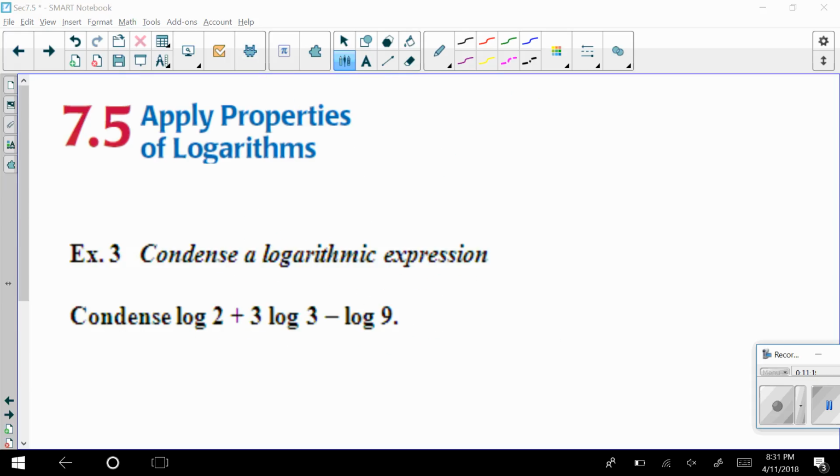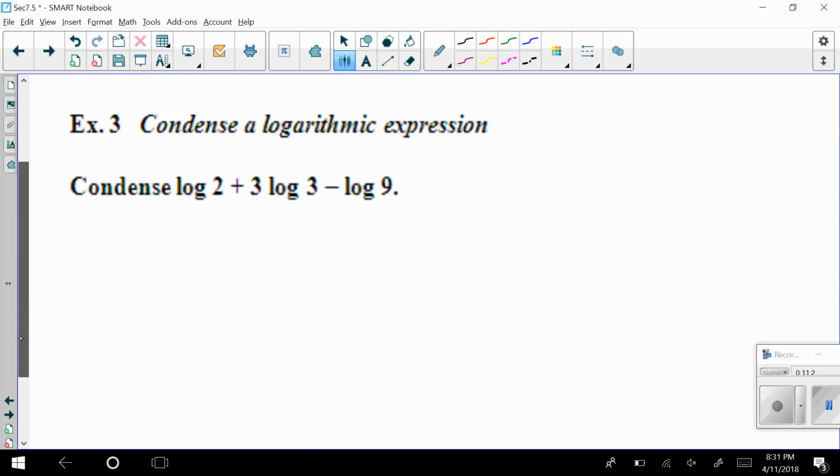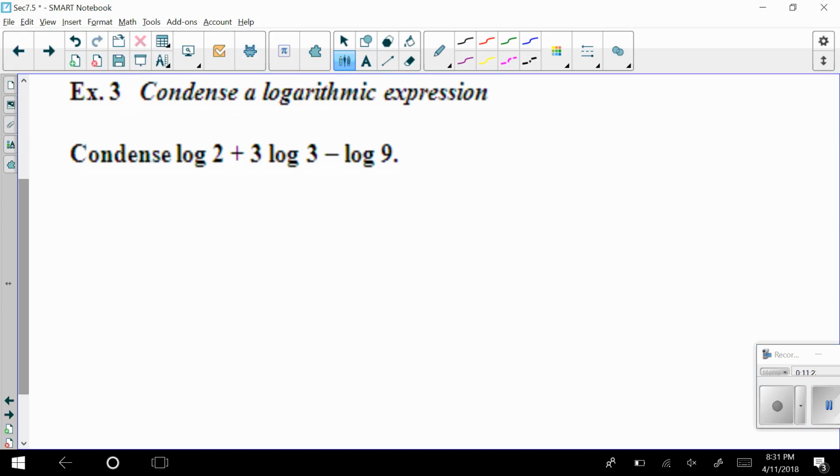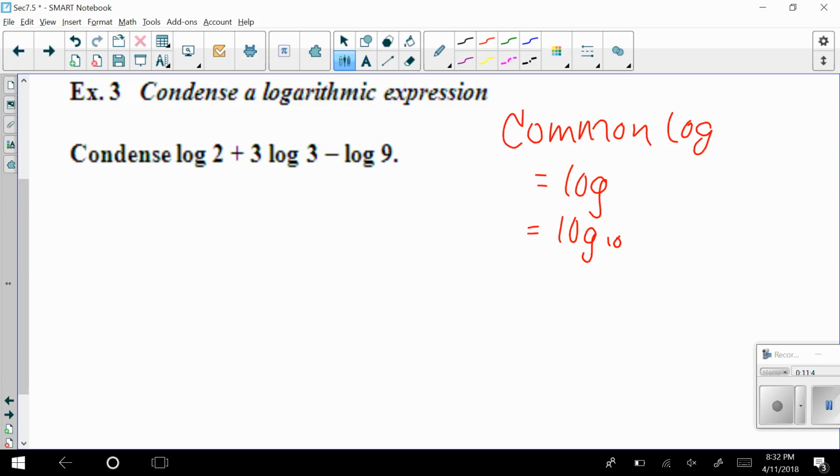All right, now let's look at condensing some of these logarithmic expressions. So here we have log, and there's no base indicated, which means it's the common log, which is the log base 10.